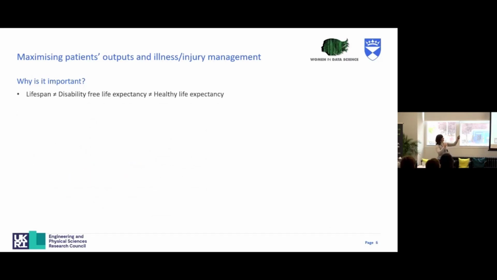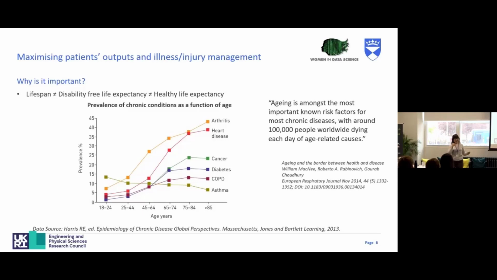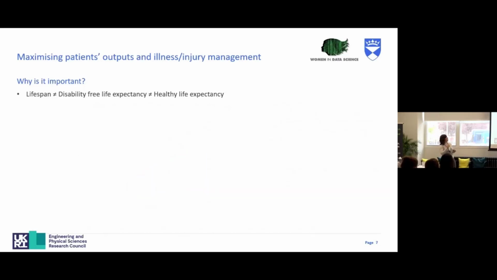So we are living longer, but that just means that we're carrying diseases as we live. We know that aging is the risk factor that leads to all these chronic conditions. As participant Mary, she had high blood pressure, and I can't remember what else, but she had multiple comorbidities. The NHS has it very clearly on its website.